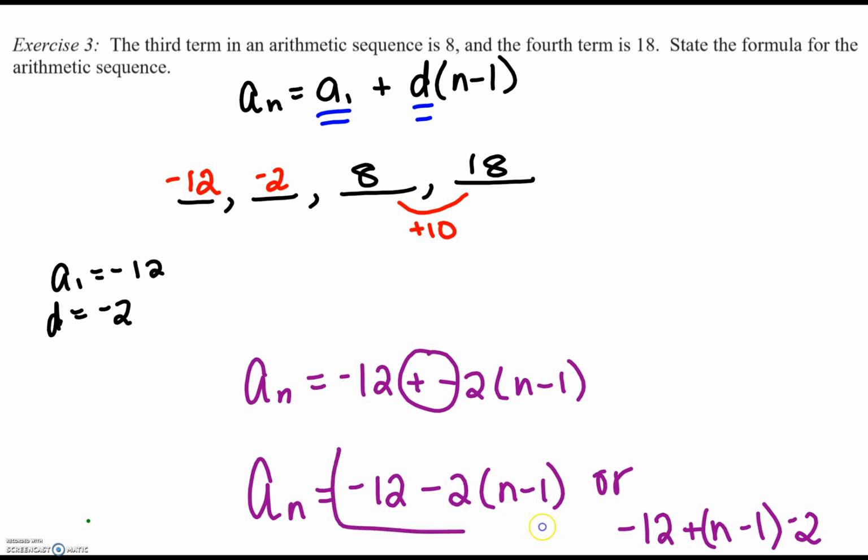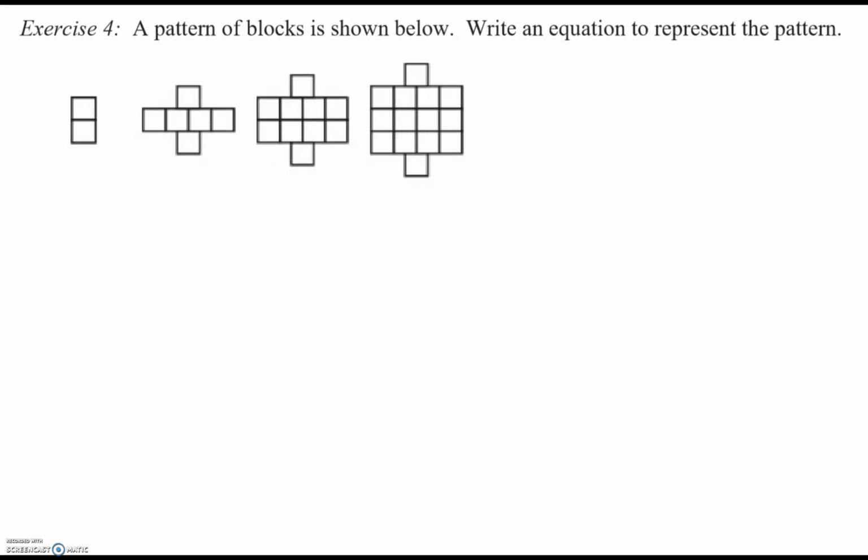Usually, again, you would see it like this as a multiple choice. A pattern of blocks is shown below. Write an equation to represent the pattern. So my first set of blocks, or my first term, has 2 blocks. My second term has 1, 2, 3, 4, 5, 6 blocks.